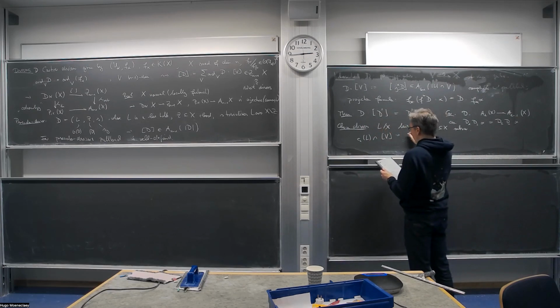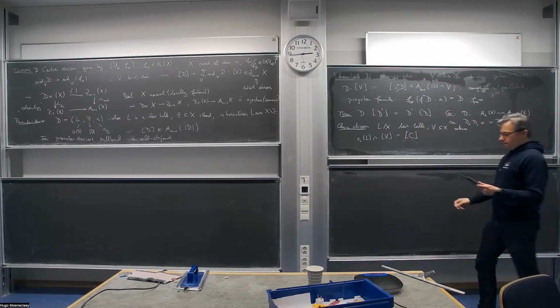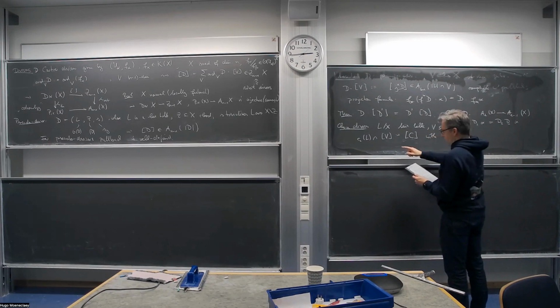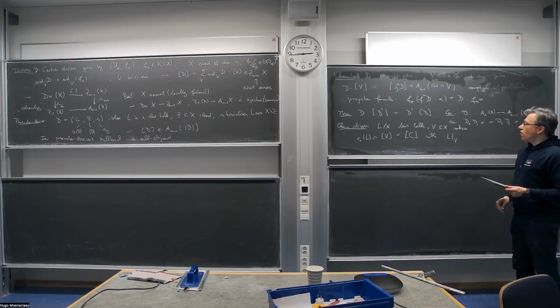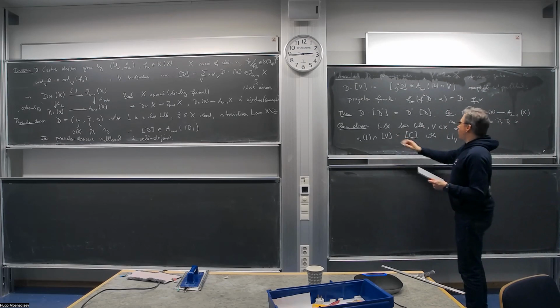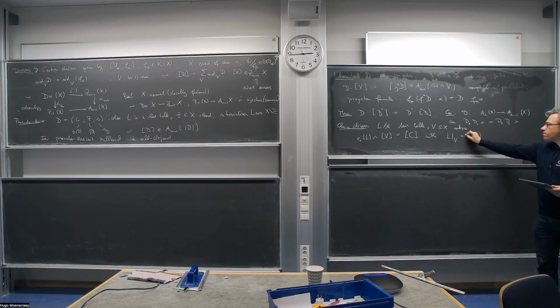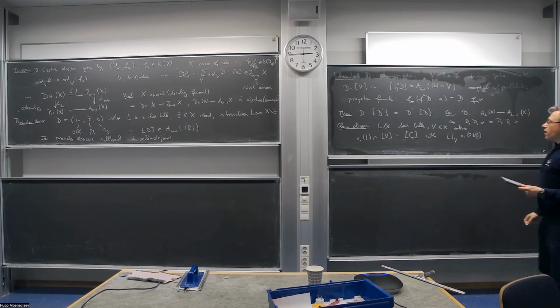This is just the fundamental class of C, where we take L, the line bundle, restricted to V, that is a line bundle on V, and this is O of C for some Cartier divisor. And then we take just the associated Weil divisor.